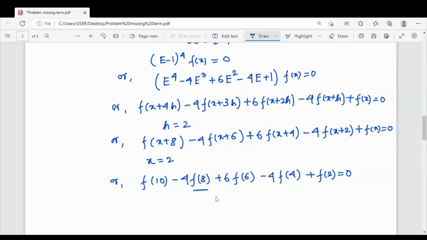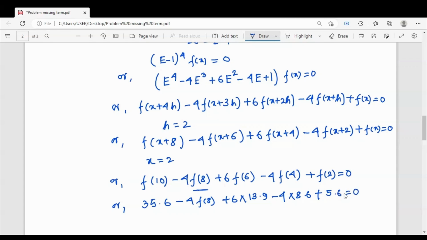So if you put the values, we get f of 10 equals 35.6, minus 4 f of 8, which you have to calculate, plus 6 f of 6 equals 13.9, minus 4 f of 4 which is 8.6, plus f of 2 equals 5.6, equal to 0.